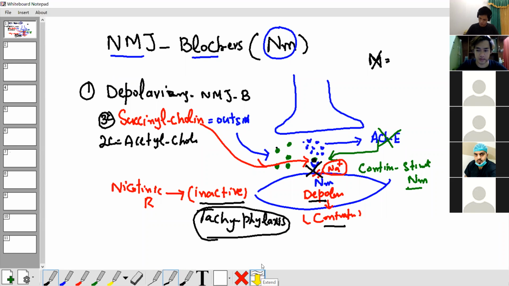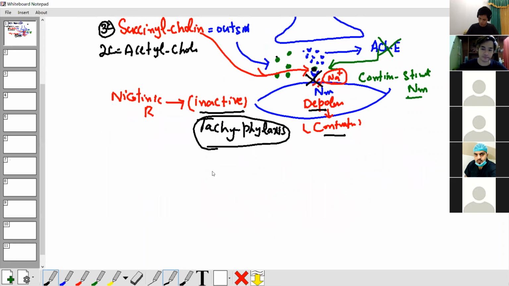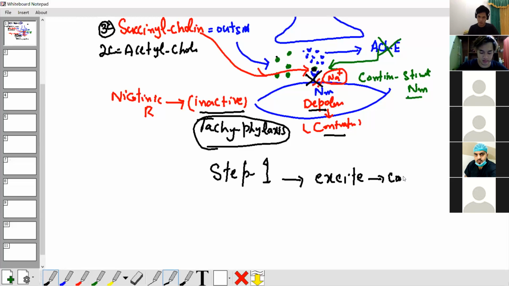So how is succinylcholine working? Succinylcholine works in two steps. Step number one, succinylcholine first excites the muscle, which leads to contraction. Understand?